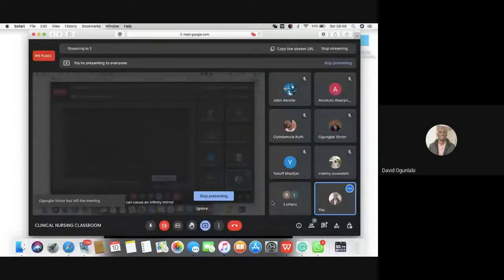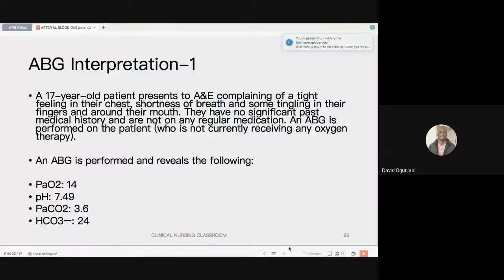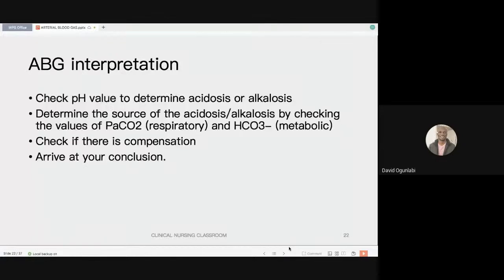Now let's go through our interpretation. The first thing is for you to check the pH.